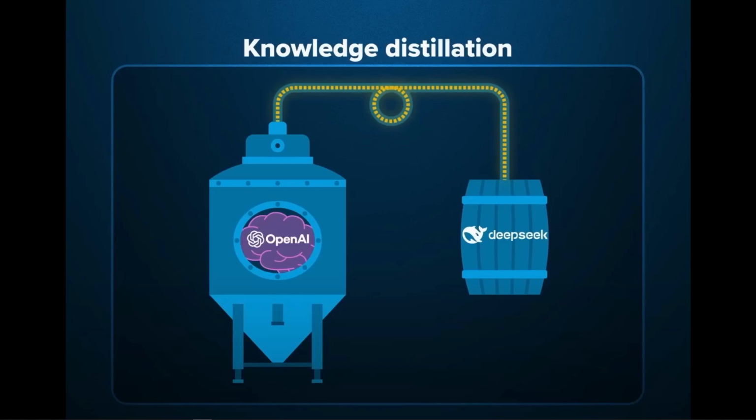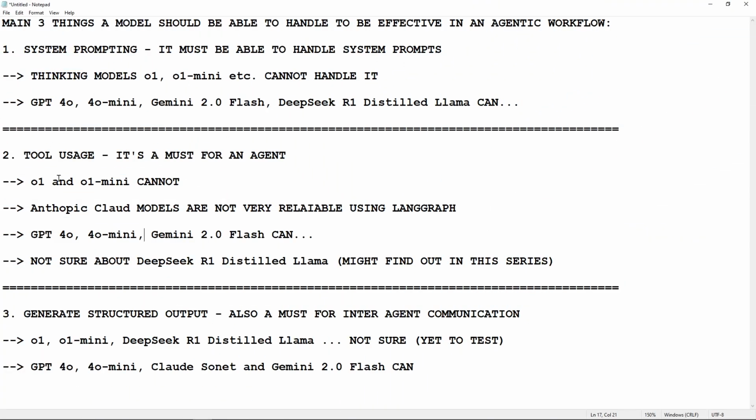Now let's go back. All right, so number 2 would be tool usage. Now this is important when you're building agents, but there could be a model like DeepSeek R1 which may not be able to use tools very much, even the Claude Sonnet model, but the same model we can use as the mission controller or router model, as long as they support system prompting. So according to my tests, O1, O1 mini cannot use tools yet.